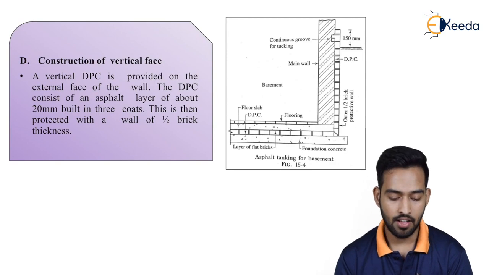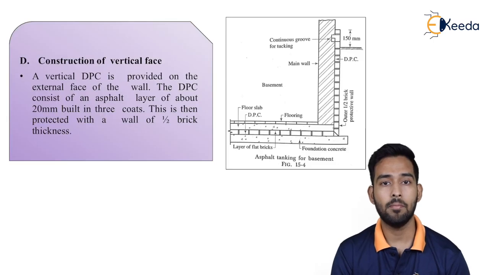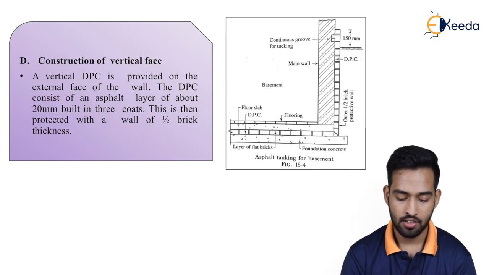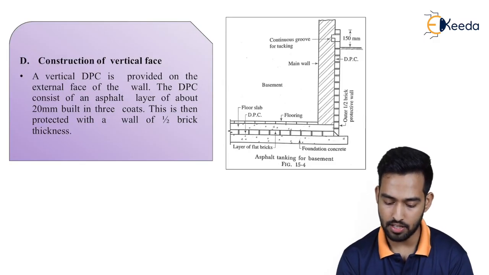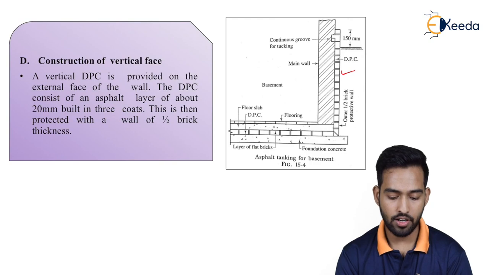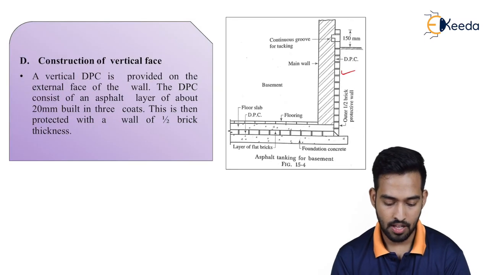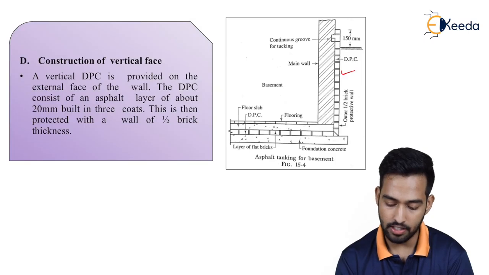And then comes the construction of vertical walls. These are all the 4 methods of your basement waterproofing. Now construction of vertical face. A vertical DPC, as you can see over here, is provided on the external face of the wall. The DPC consists of an asphalt layer of about 20 mm.